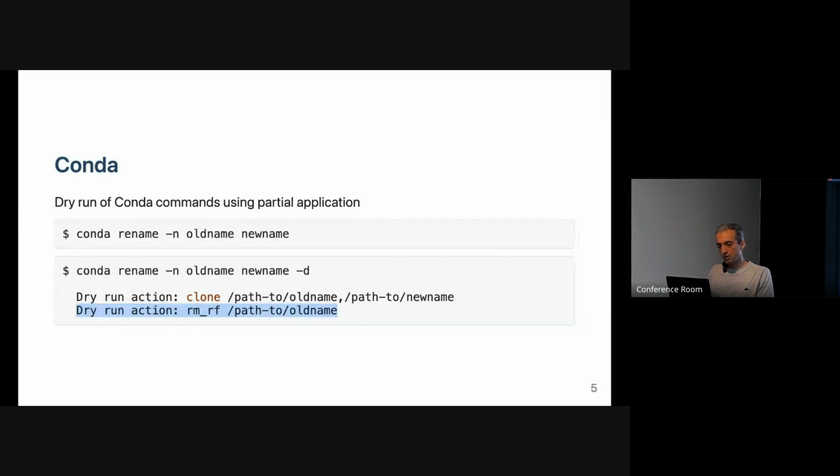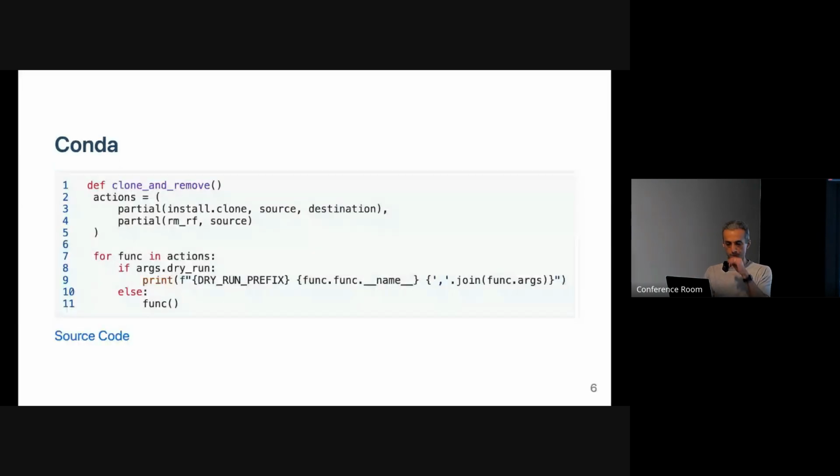So let's see how Conda did this using, actually ingenious, partial functions. So that's the function clone and remove that does this. They define an action, which is a tuple of 2 partial functions. First one is the clone, which has source and destination, of course.